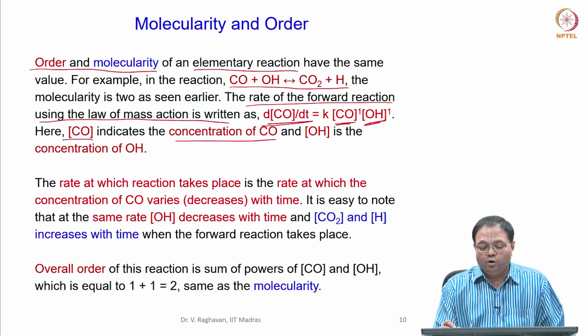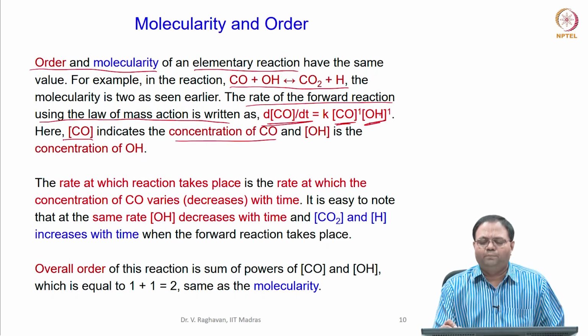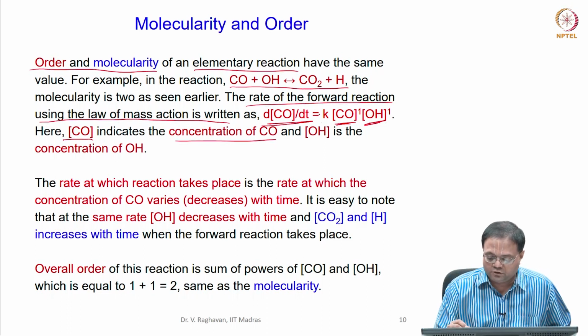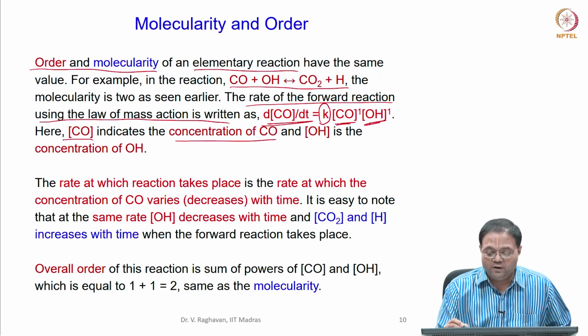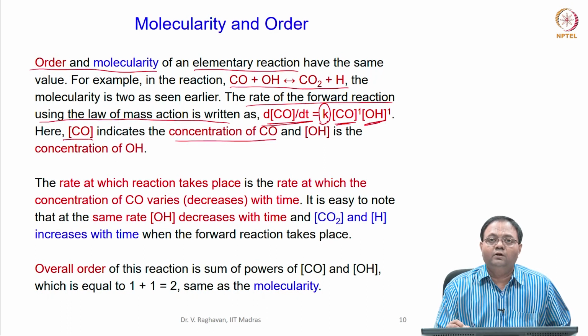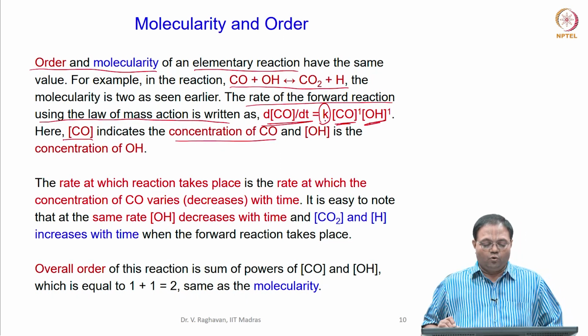So, now this is the law of mass action. The proportionality constant is not really a constant, but it is defined as the rate coefficient, which is k. So, k is the rate coefficient.